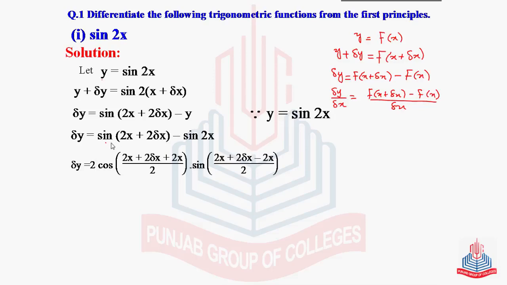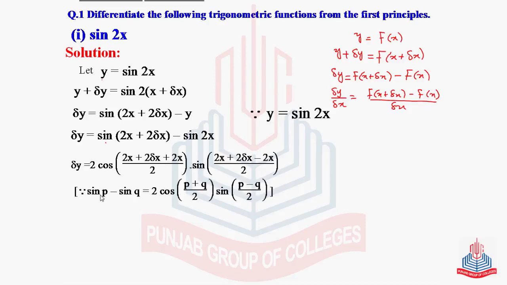This is actually of the form sine p minus sine q, and the formula of sine p minus sine q, which we discussed in our first year course, is equal to 2 cos of p plus q divided by 2 into sine of p minus q over 2. This is actually the sum to product formula, which we already discussed in first year.